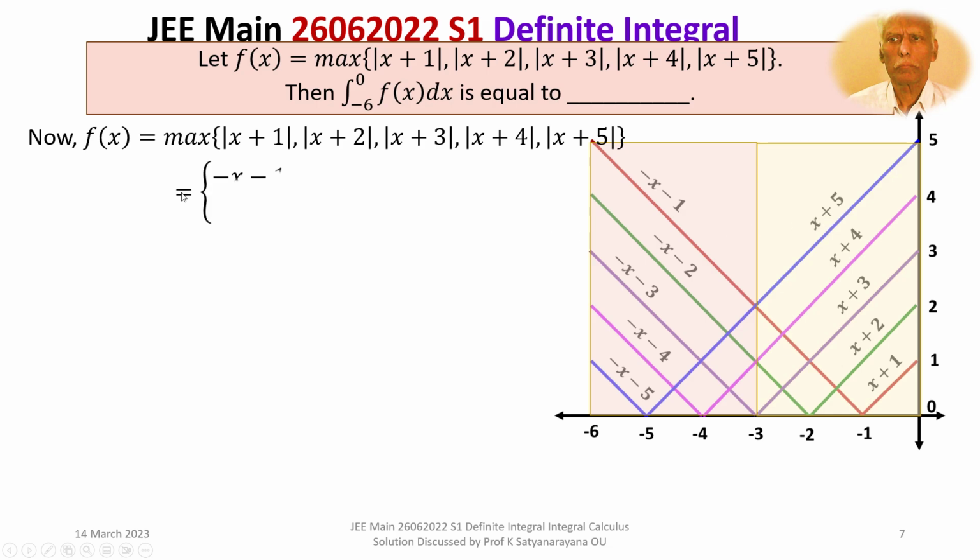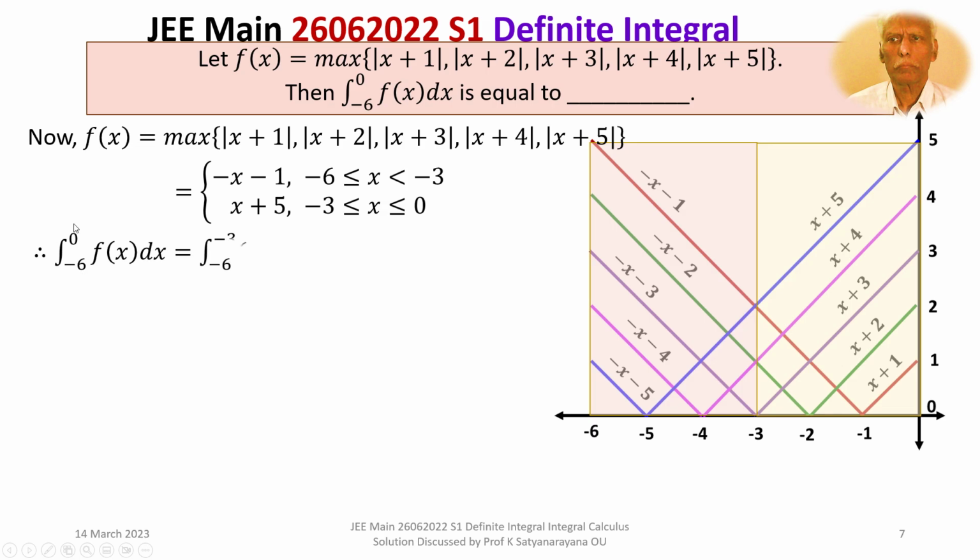So f of x is equal to minus x minus 1 in the interval minus 6 less than or equal to x less than minus 3, and x plus 5 in the interval minus 3 less than or equal to x less than or equal to 0. Now the integral is to be calculated.